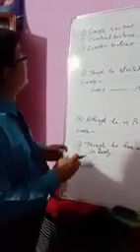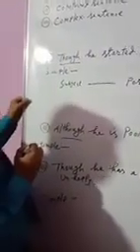If you want to change it into a simple sentence, first of all, though or although will be removed. Instead of though and although, we can write in spite of.